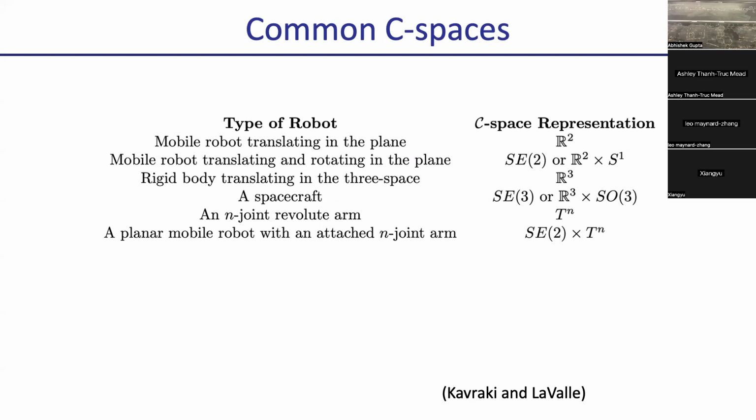When you have something like a mobile manipulator, like an arm on a mobile base, you're going to have 3 degrees of freedom for motion of the base. So you have SE2, which says you can translate in X, translate in Y, and rotate. And you have n degrees of freedom for the arm.